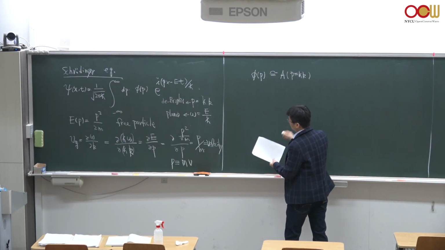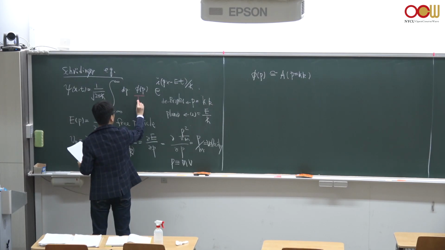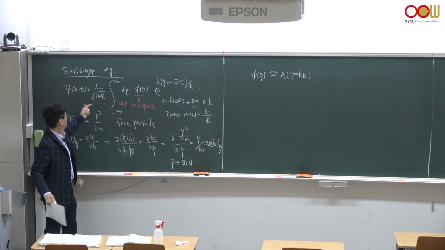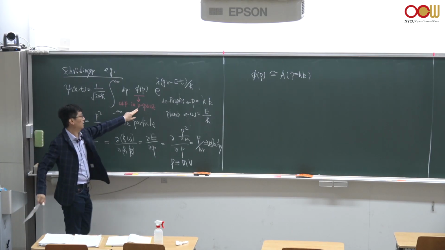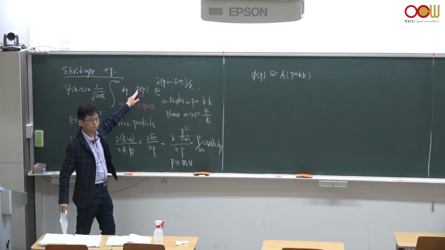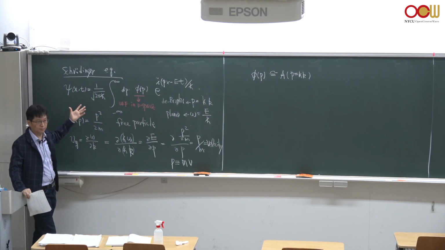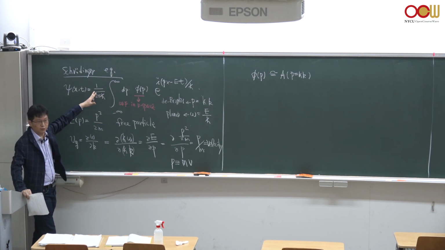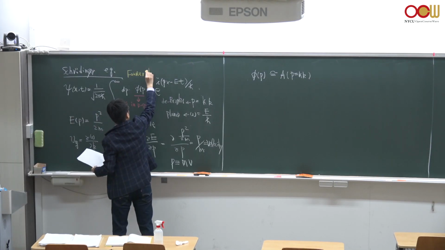Later we will interpret this φ(p) as a wave function in momentum space. The wave function in real space is our Schrödinger wave function, and the wave function in k space is called φ(p), and φ(p) and ψ(x,t) are related by this integral. We will later show that this relation is actually a Fourier integral or Fourier transformation.